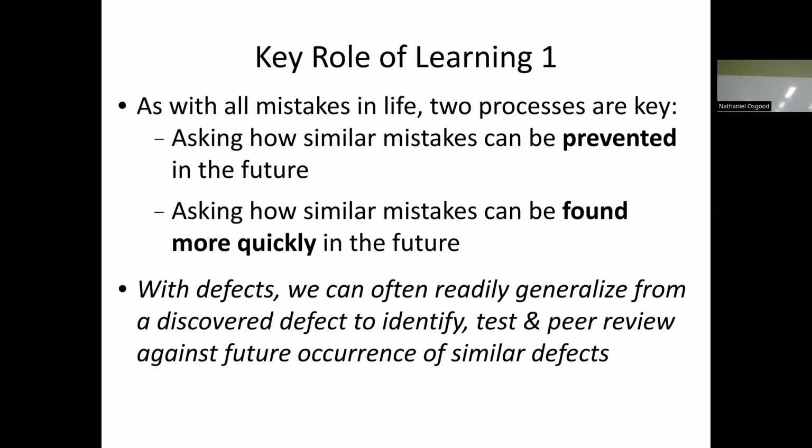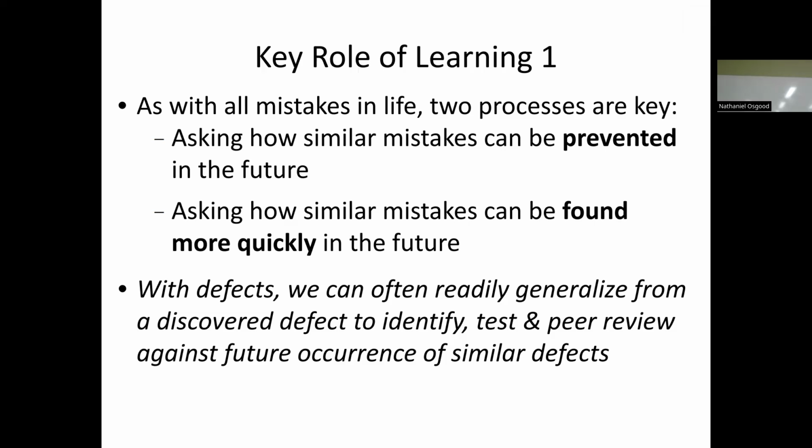So the point I want to hear with my key principle in software development and in life. When you make mistakes, maybe it's mistakes that manifest in the form of a defect or in other areas of life, it's helpful to ask yourself, how can you do better next time?